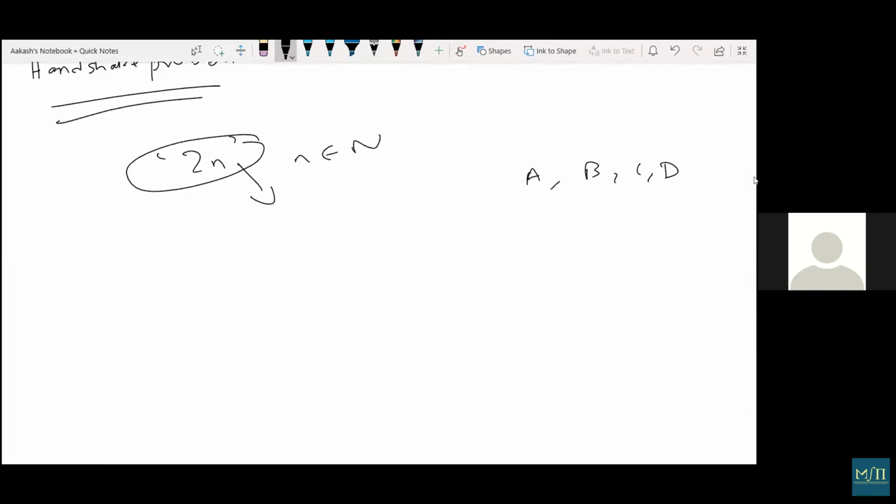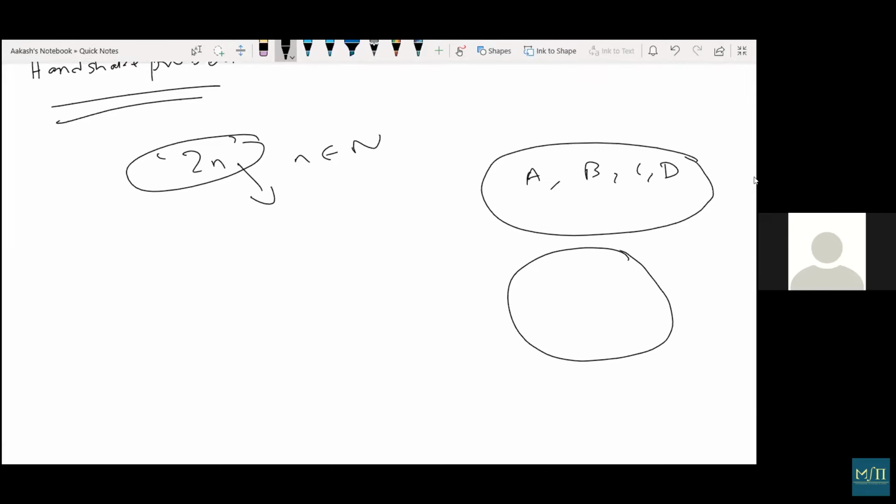What I mean by why I took 2n is because suppose there are A, B, C, and D. I want them to sit at a circular table, although this does not look circular. Suppose A is here, B is here, C is here, D is here.